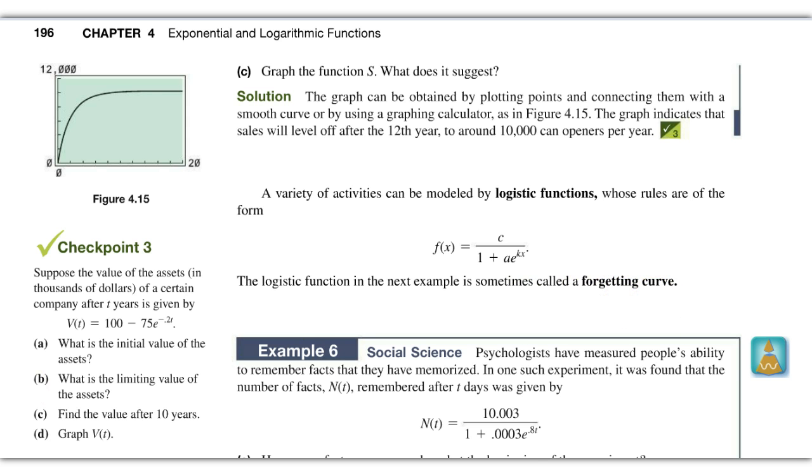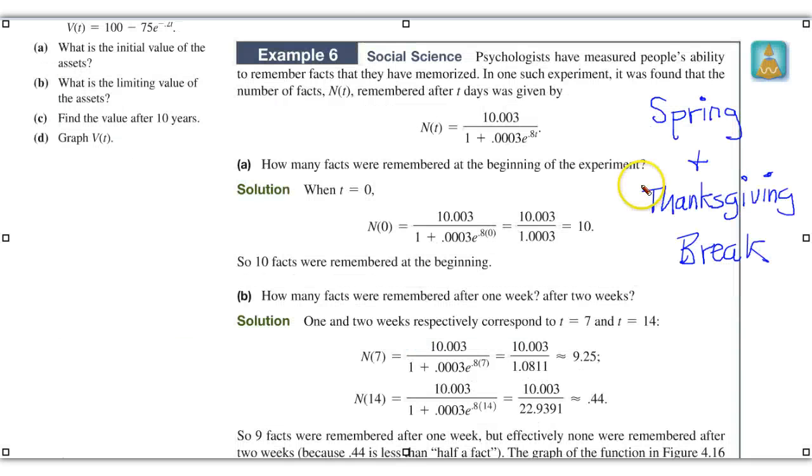All right, let's take a look at this. Now, forgetting curve, I can think of it as spring and Thanksgiving break, winter break, that as you don't practice something, there is a sharp loss of things, as we'll see later in the curve.